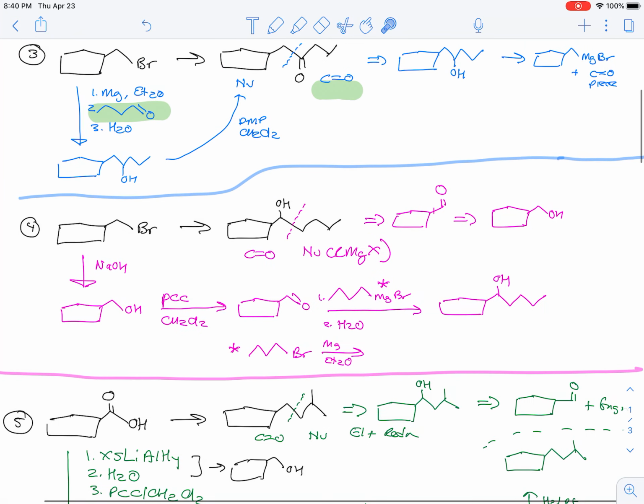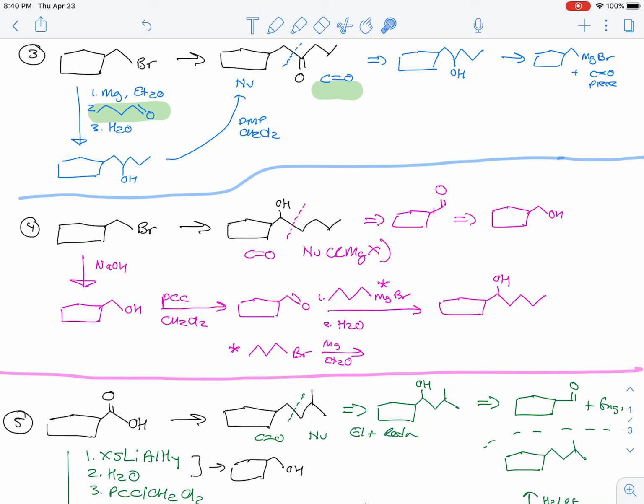So now in number 4, the contrast is we still have to make this bond between carbon 1 and carbon 2 relative to the ring, but now the left piece that's part of the ring is going to get turned into the carbonyl, and the other piece is going to come from a nucleophile. And that's just being set up by which carbon in each case is the oxygenated carbon.